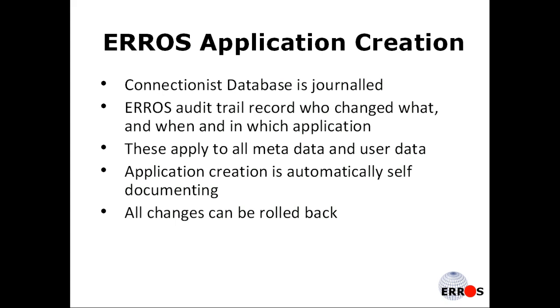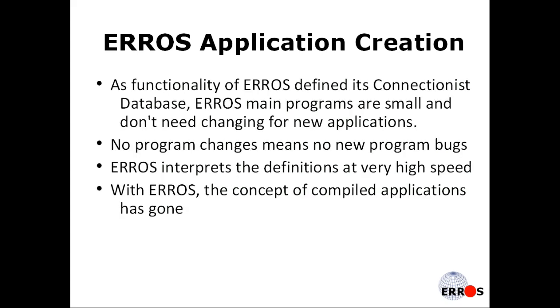Those who have a full understanding of relational database theory might consider that the ERROS Connectionist Database is equivalent to 6th normal form. You might also like to know that, as most of the functionality of ERROS is defined in the ERROS Connectionist Database, the main ERROS programs, which are used for application creation and then for operating the applications created, are relatively small.